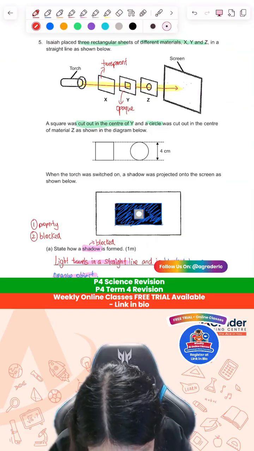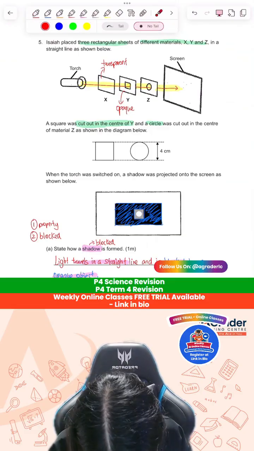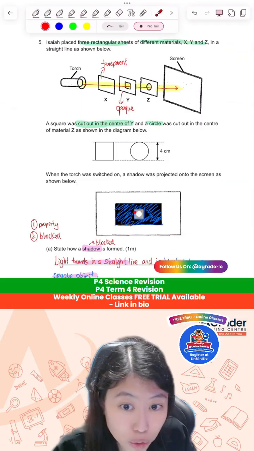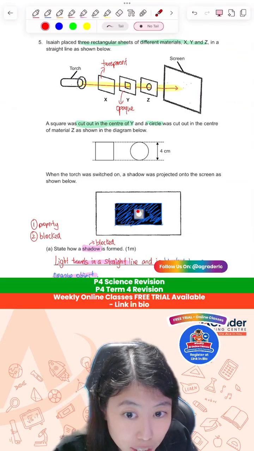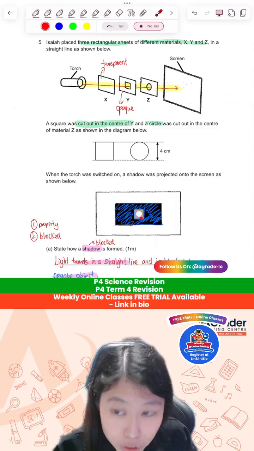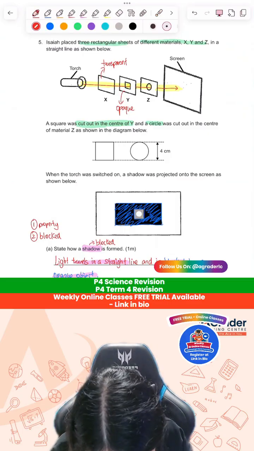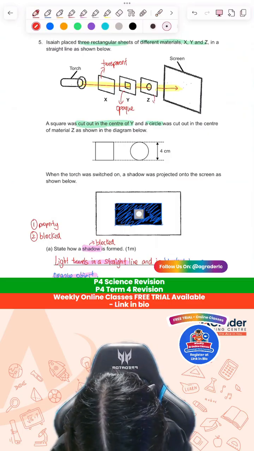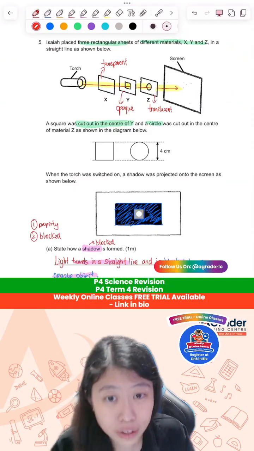While Z, you can see Z, right? The shadow of Z is over here, the one that's grayish. Grayish indicates that it allows sunlight to pass through, so it's translucent. How is it translucent?